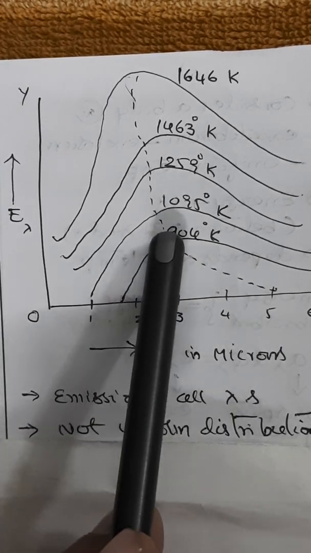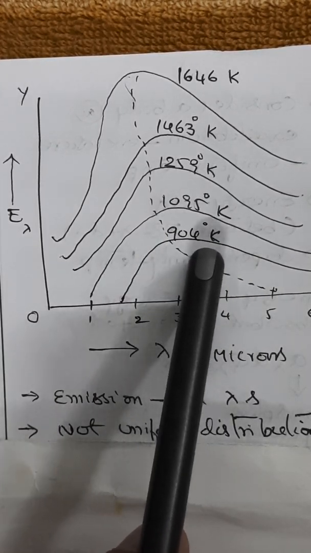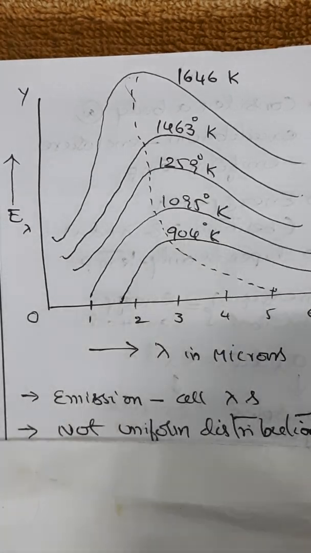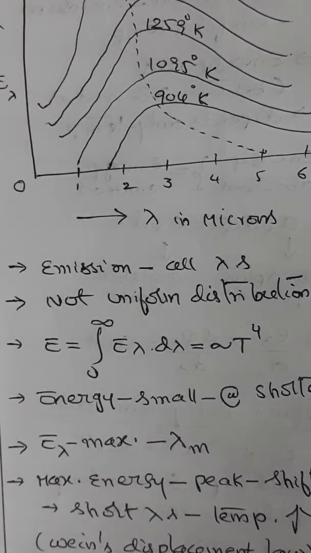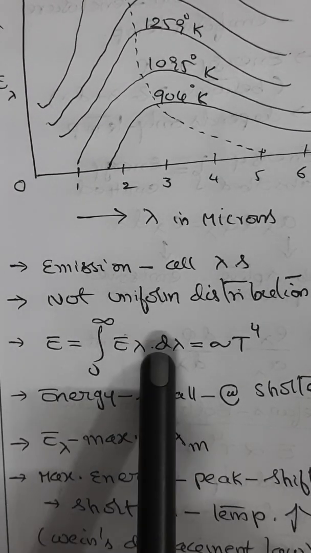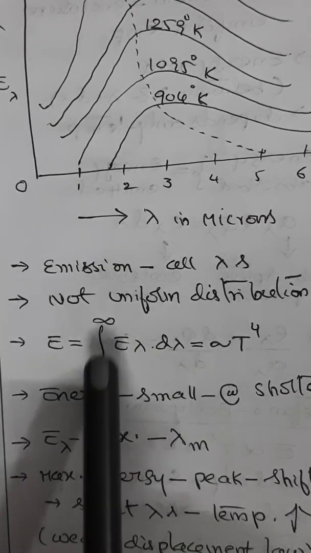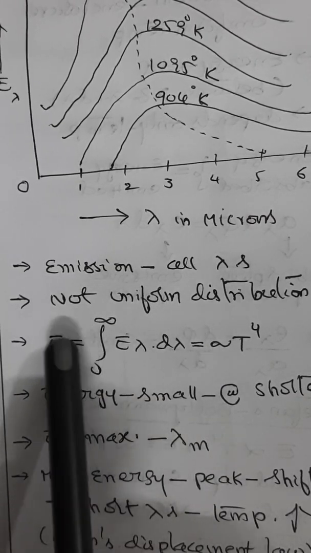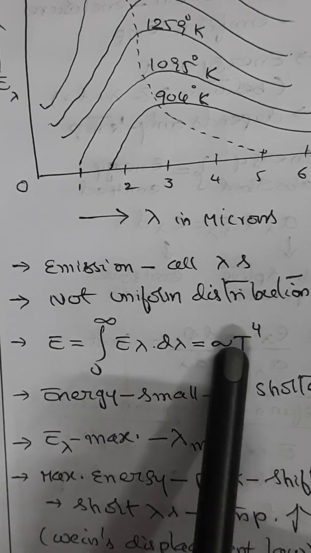So the increase in area can be found in accordance with Stefan's law. That is, by integrating E lambda d lambda between 0 and infinity, we will get the total energy radiation, which is nothing but Stefan's law, sigma T to the power 4.